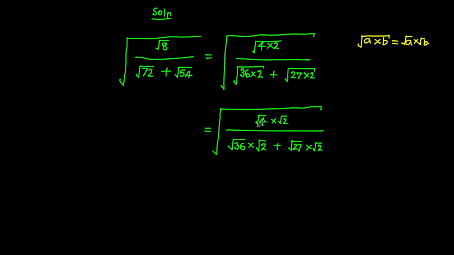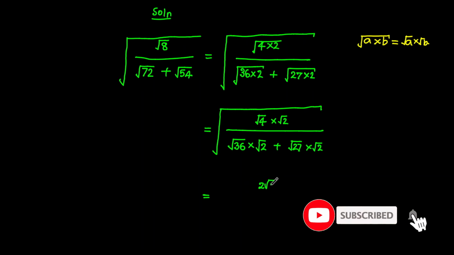Now after here, for these square numbers we can get their square root, and the square root of 4 is 2, so we have here 2 times root of 2.